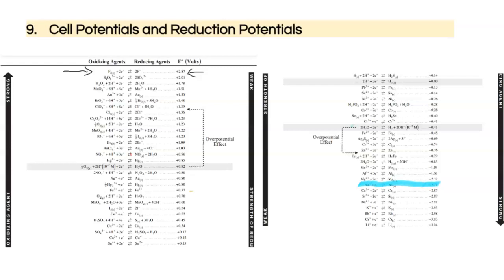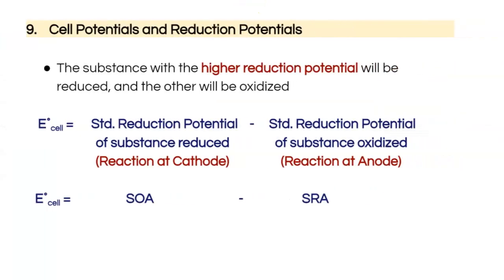They're kind of like in a tug of war. The higher the reduction potential, the greater likelihood that it will be able to grab electrons and drive that cell potential. So as you would expect, the substance with the higher reduction potential is going to be reduced, and the other will be oxidized.